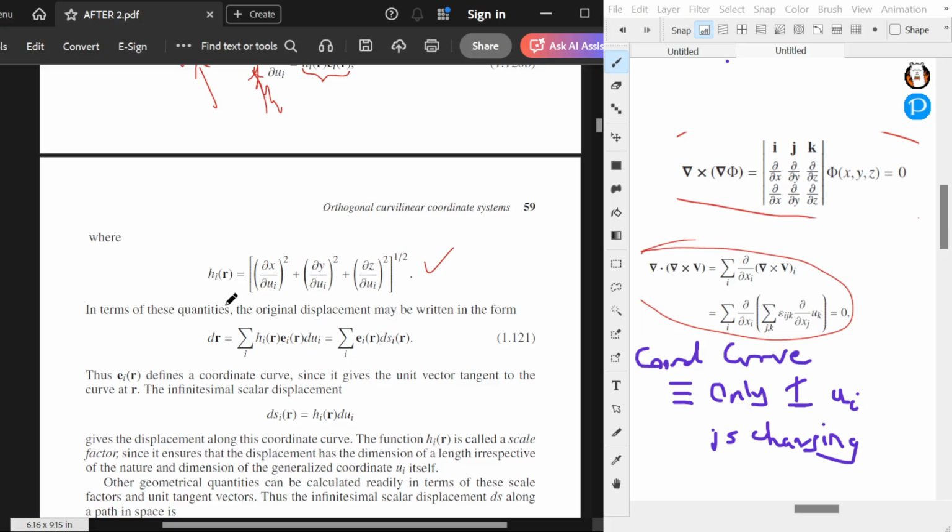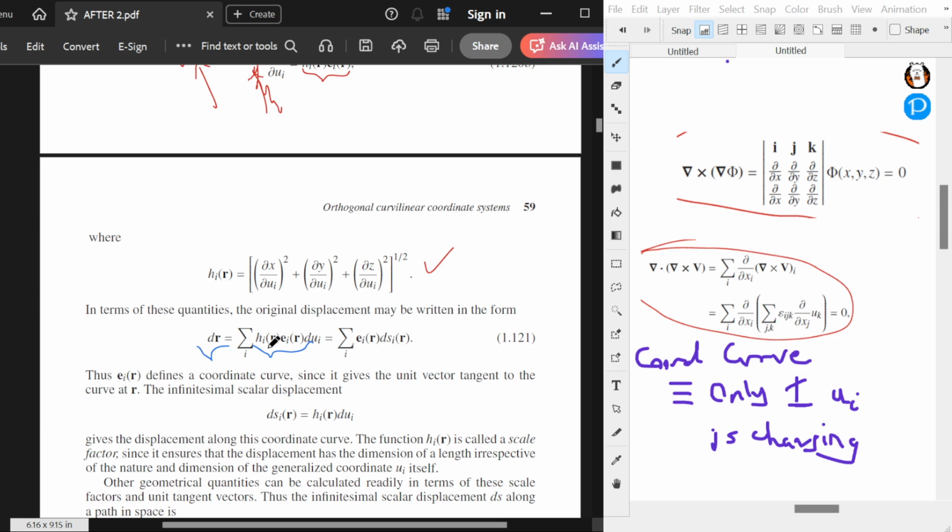In terms of these quantities, the original displacement may be written in the form dr equals the summation of these guys.